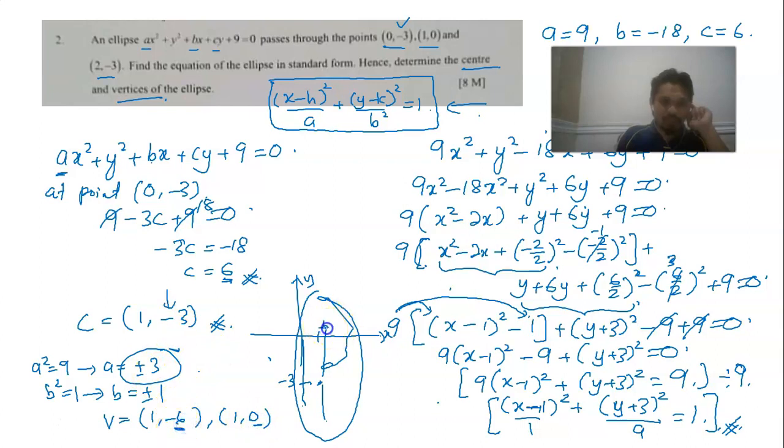So you plot the coordinates of 1 and negative 6 here, and here is 1 and 0. Okay, I'm sorry if the sketch is not very clear, but I do hope that all of you understood my explanation just now. Okay, next.